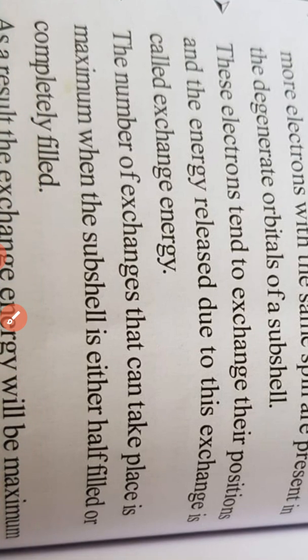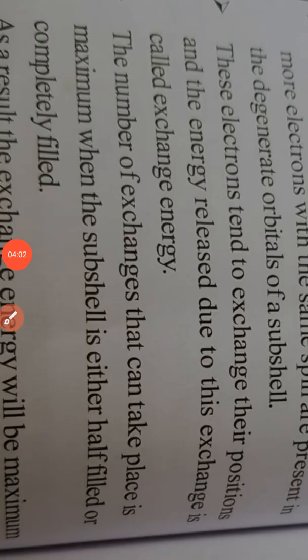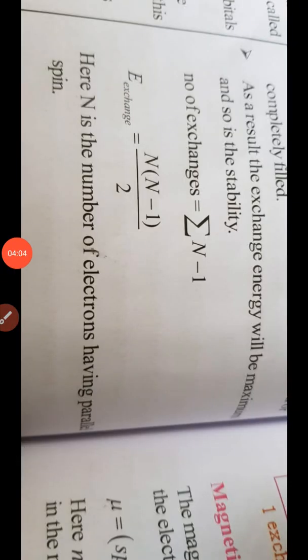As a result, the exchange energy will be maximum, and so is the stability. Half filled and completely filled orbitals lose more energy from exchange energy, so that is what they are saying. And if they lose energy, they of course have stability also.